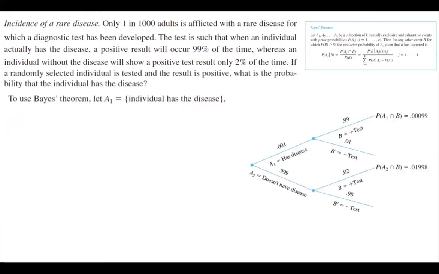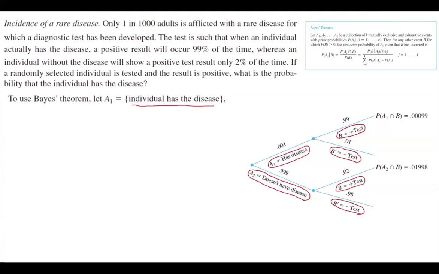To use Bayes' theorem, let A1 be the set of individuals that has the disease. A1 has the disease and A2 doesn't have the disease. Then you either have a positive test or its complement, which is a negative test. If the person doesn't have the disease, you have 2 possibilities as well. You either have a positive test or its complement that is a negative test. Then you can find the probability of their intersection as well.